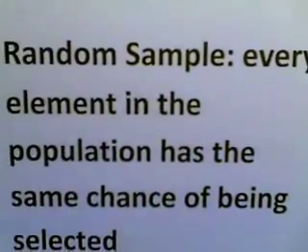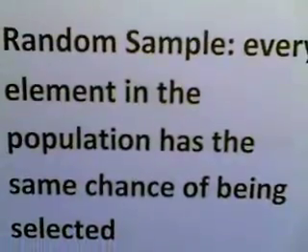The term random sample means every element in the population has the same chance of being selected. So if you use a hat and you put paper in the hat, then every piece of paper has to be the same size. It has to be folded the same way so that every piece of paper would have the same opportunity of being drawn.